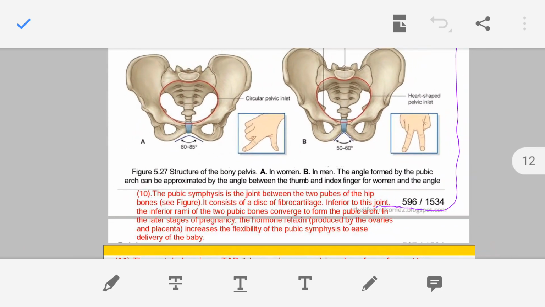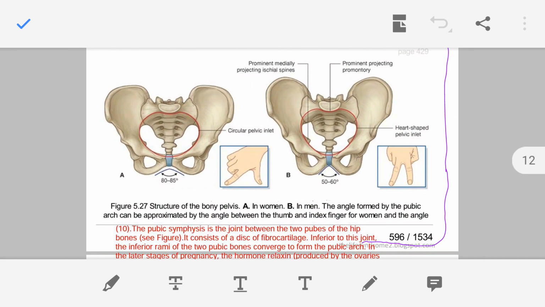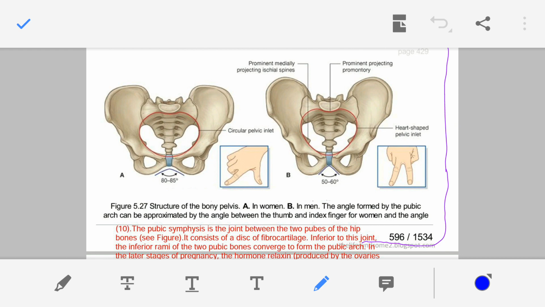Now, what is the title of this figure? See, the structure of the bony pelvis. These are the bony pelvis. This one is of a woman, and this one is of a man. Now the pubic arch. Where is the pubic arch?